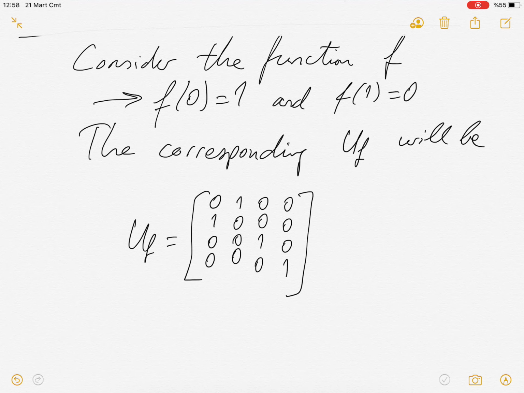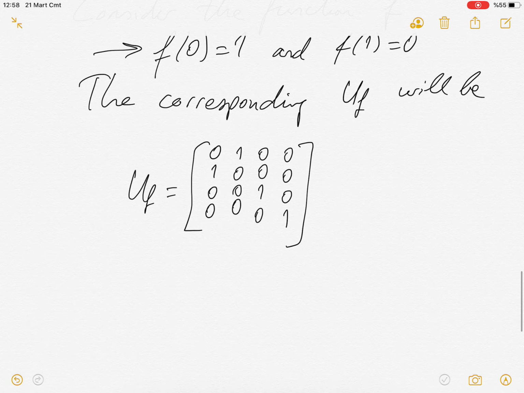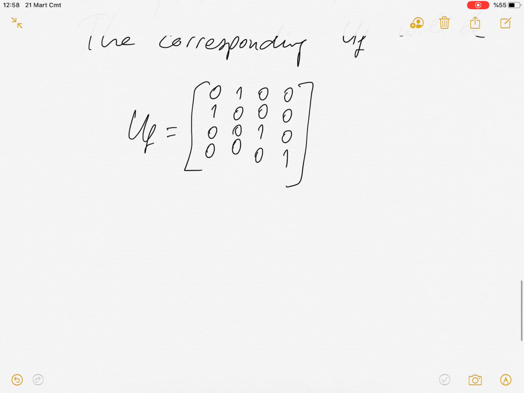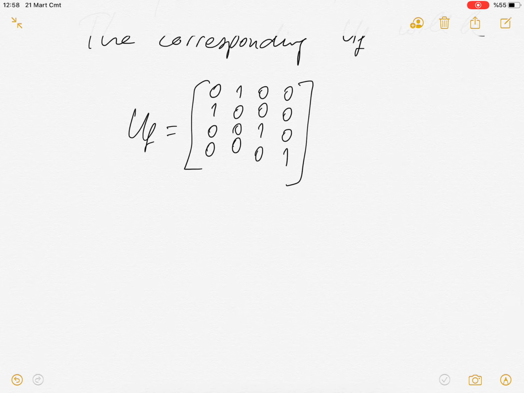Now the problem is to determine whether UF is a constant function or a balanced function. We're given the function f in terms of its quantum counterpart UF, and the problem is to determine whether UF is constant or balanced. Now we will use the circuit method to describe our quantum algorithms.